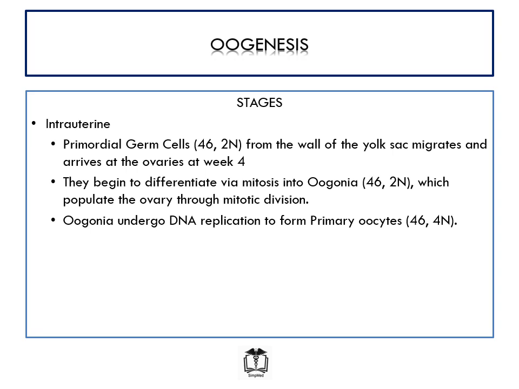So the primordial germ cells eventually differentiate while the fetus is in utero to form oogonia. Oogonia tend to be the population of cells that are found within the ovaries, and this conversion of the primordial germ cells to the oogonia is through mitotic divisions. Then oogonia will further mature to form the primary oocyte.